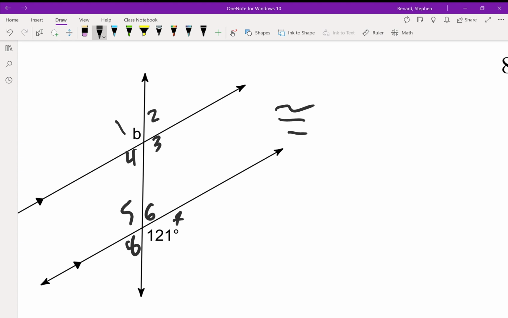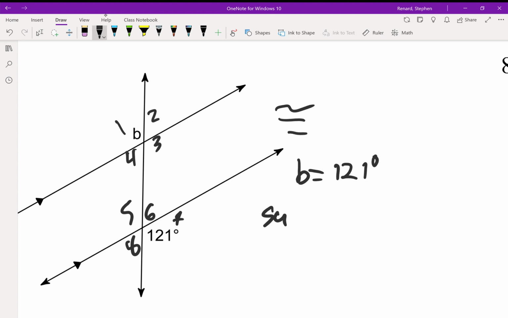So keep in mind that all of these are either going to be congruent or supplementary.